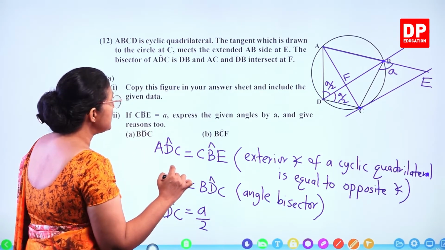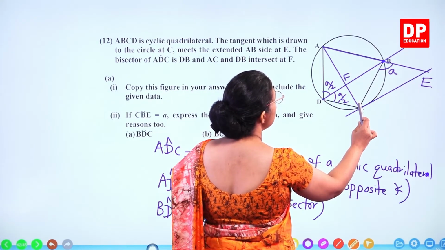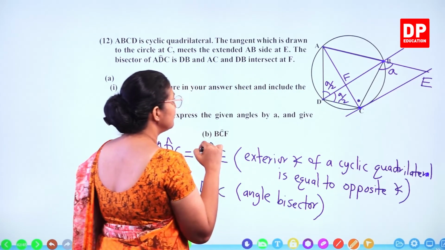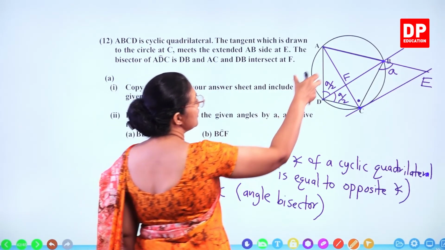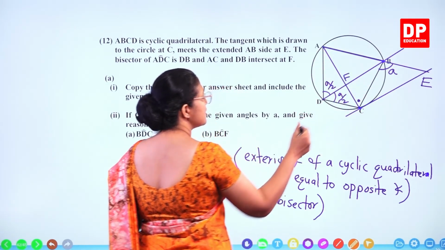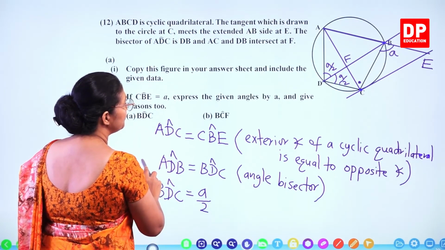And what about BCF? BCF angle. This angle we need to find. Can you see? This angle and this angle, same segment angles. So you can say that's also A over 2.